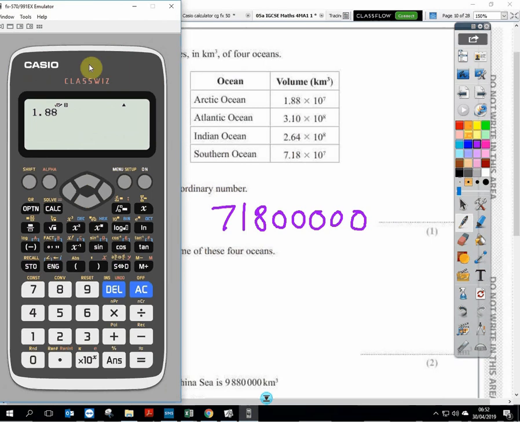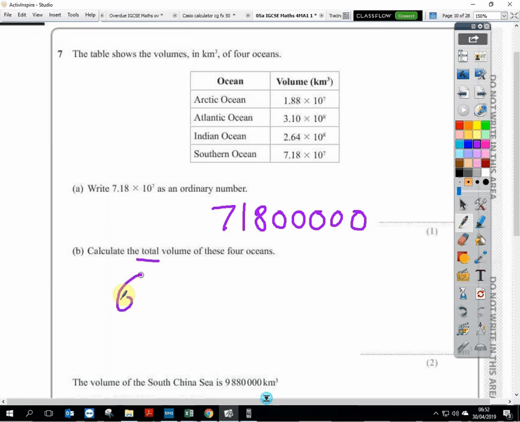Just type it in like this, 1.88 times 10 to the power of 7 plus 3.10 times 10 to the power of 8 plus 2.64 times 10 to the power of 8 plus 7.18 times 10 to the power of 7. Okay, 6646 with 5 zeros.